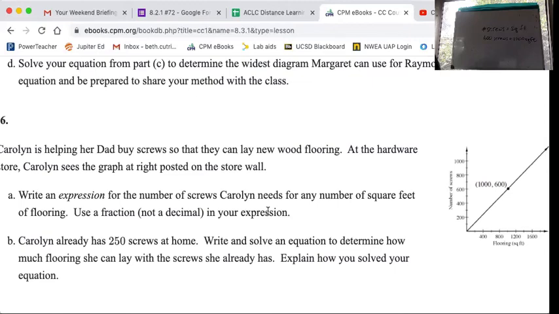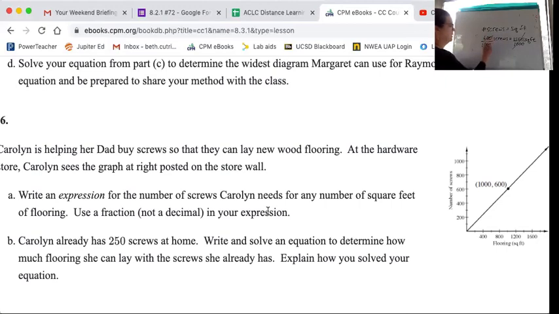is to have the number of screws per 1 square foot. So I want to have a 1 over here on this side of the equation. So I'm going to divide each side by 1,000. So now I have 1 square foot over there. Divide this by 1,000.